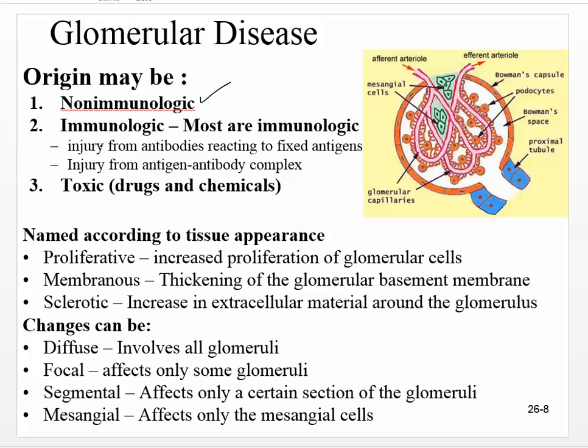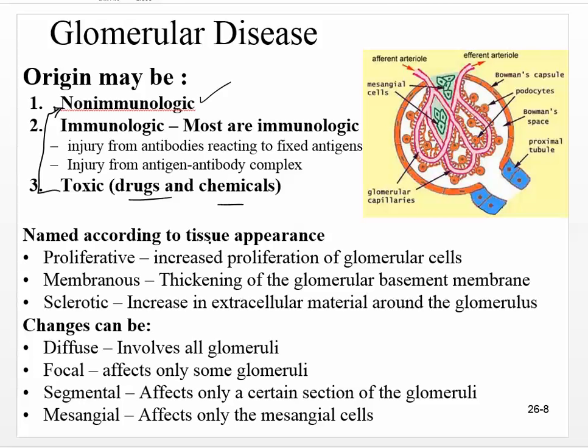When we talk about immunologic, we're talking about the immune system, antibodies trying to attack an antigen of some sort. And then toxic. Toxic technically is considered non-immunologic, but that comes from drugs and chemicals.